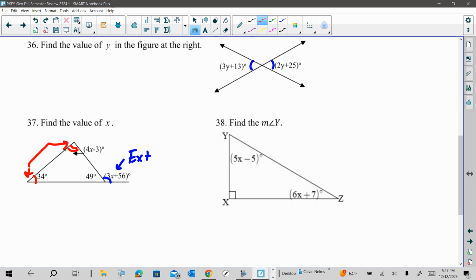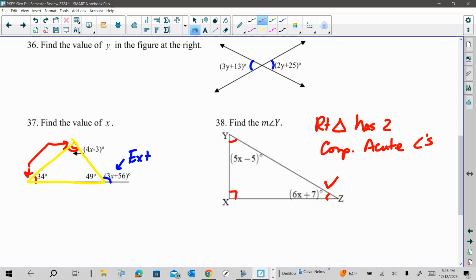Or we could use the triangle. The methods can vary here. You can start off with just the triangle, add it up, find the x, and go that way. Since we have a triangle, you can use triangle equals 180, or anytime I have a right triangle, it has two complementary acute angles.